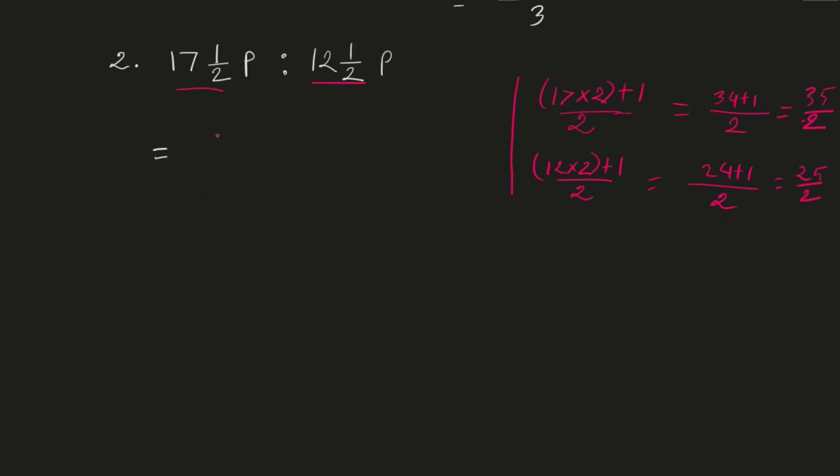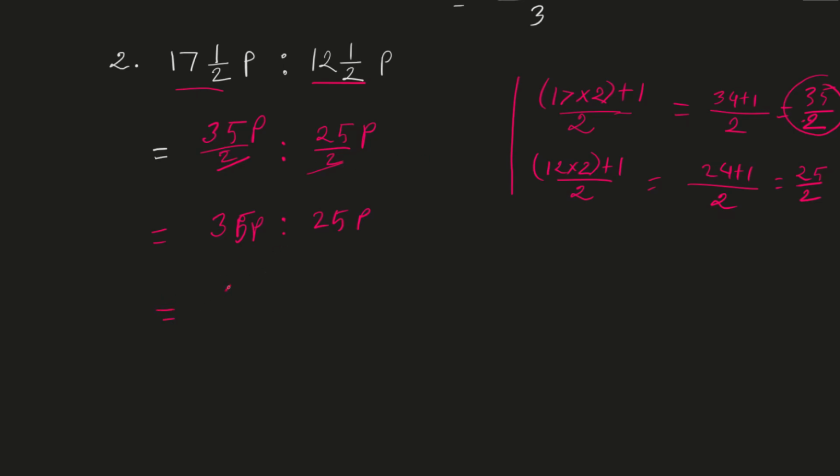So we can simply implement this. Our result over here is 35 over 2p to 25 over 2p, right? For the sake of simplicity, we can reduce the 2 from here and also from here, or we can simply write it down as 35p to 25p, right?